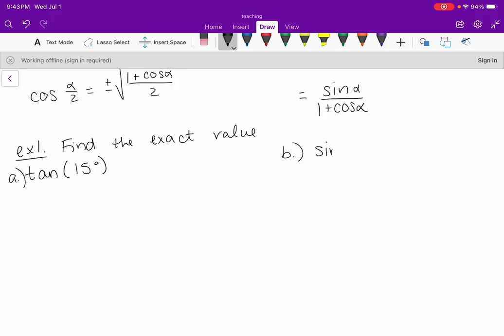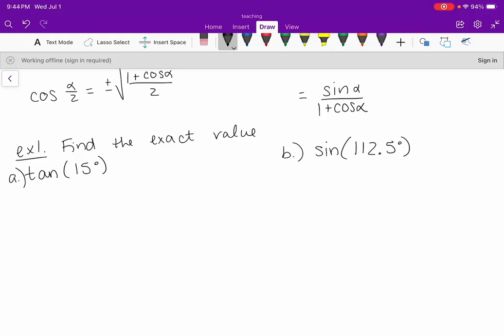So I'm going to pick sine, and we're going to do sine of 112.5 degrees.